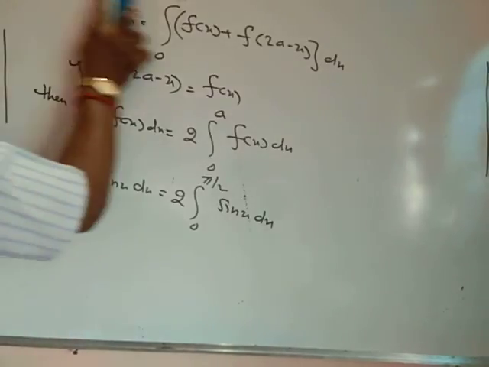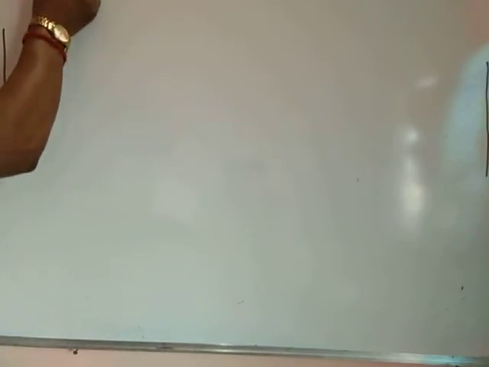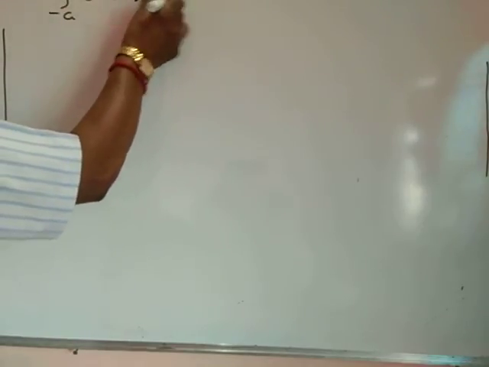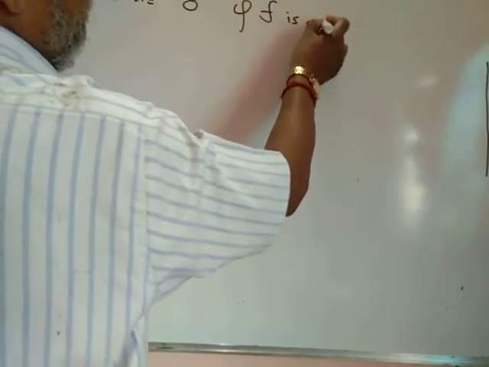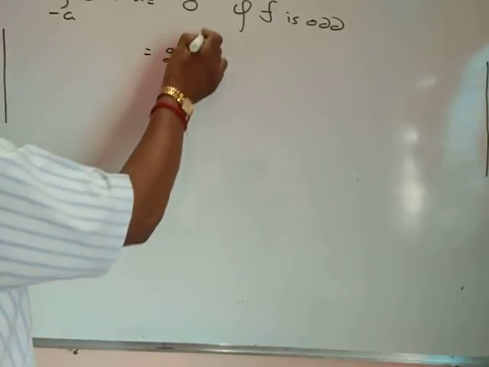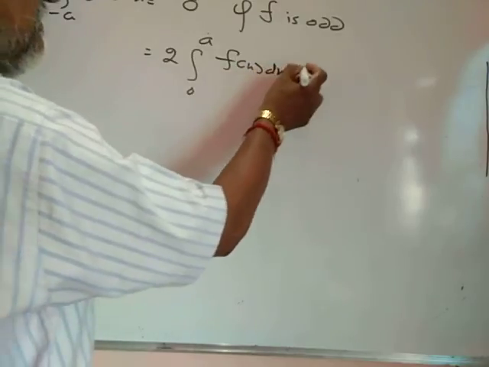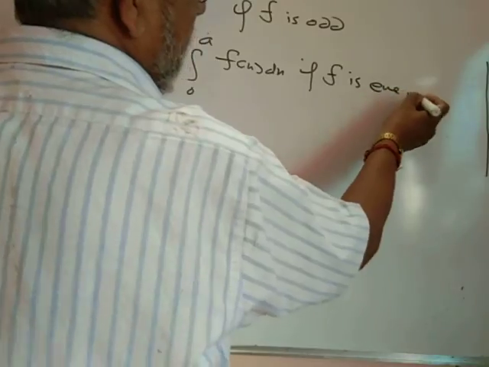And the next property, integral from minus a to a of f(x) dx is equal to 0 if f is odd, is equal to 2 into integral from 0 to a of f(x) dx if f is even.